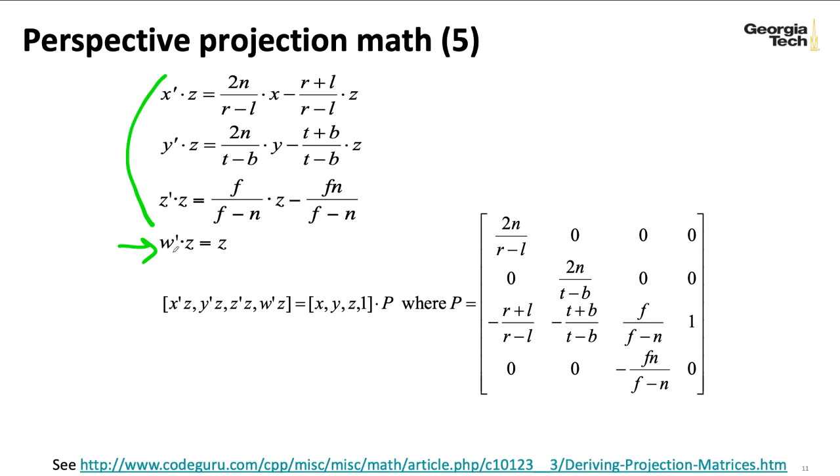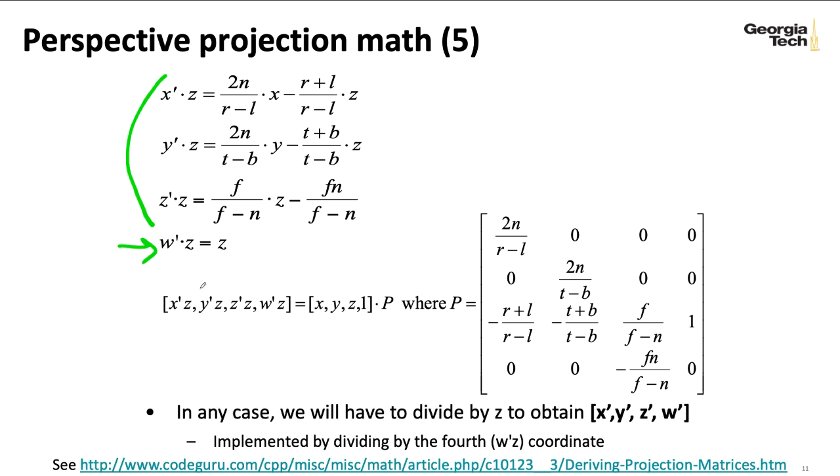And now I've got a question of, well, what do I really want to do with this w prime coordinate? So the convention is that we want to eventually divide everything by z, right? We want to get rid of this z, this z, this z, and this z. So the way that's typically handled is that we'll take this fourth coordinate, which should be w prime z, and we'll stick z there. And then somewhere on the card, we'll have a piece of hardware that takes everything in this vector and divides it by that fourth coordinate.